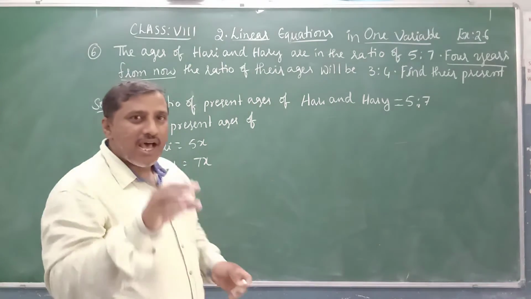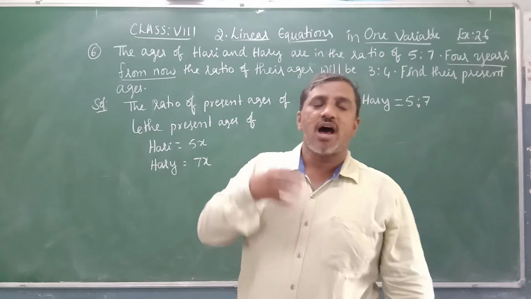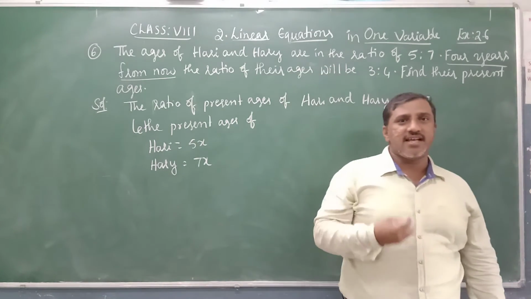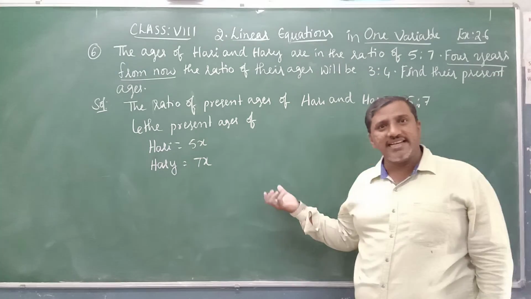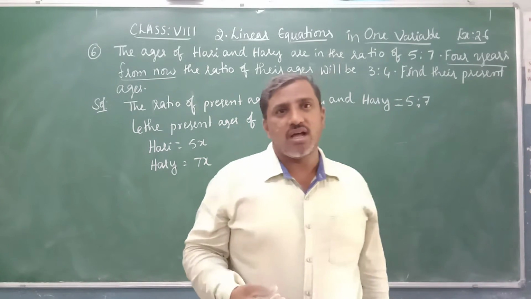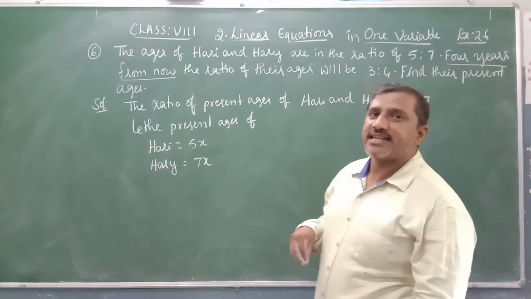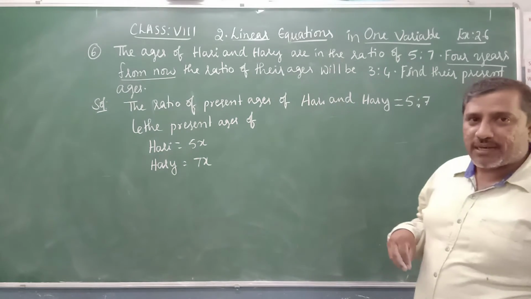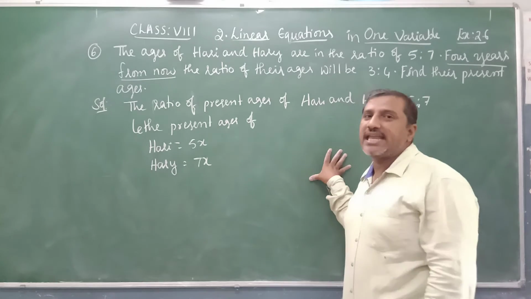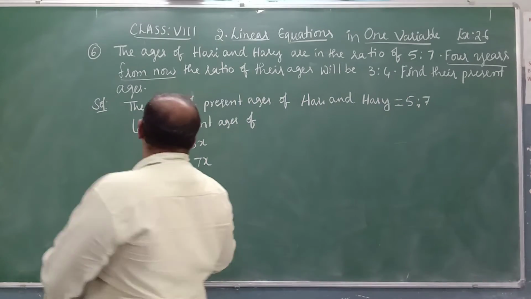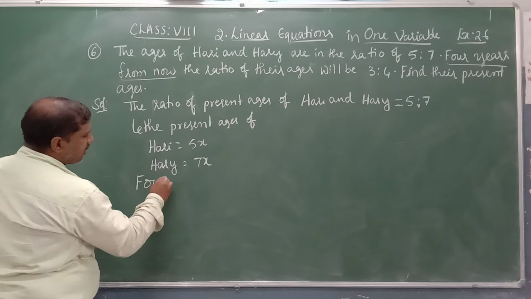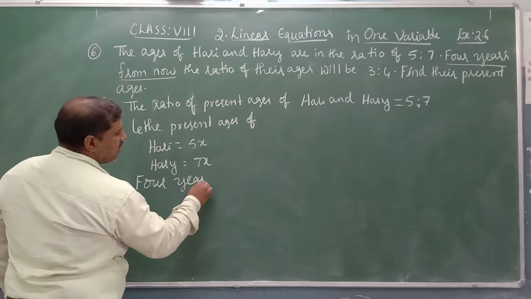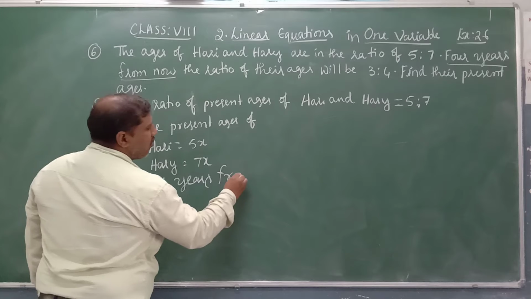For suppose Hari is 15 years old, after 4 years his age is 15 plus 4, 19 years. If Harry is 25 years old, after 4 years his age will be 25 plus 4, 29 years.